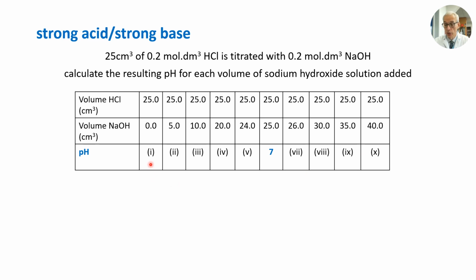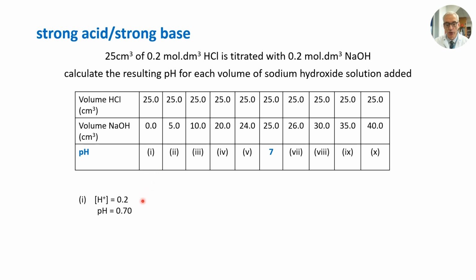After I have modeled a couple, I'd like you to calculate the pH that would result from each of those additions of volumes of sodium hydroxide. But to start with, we'll model the calculation of the first two.